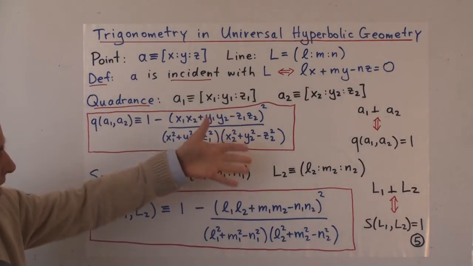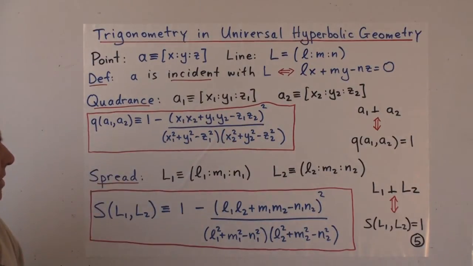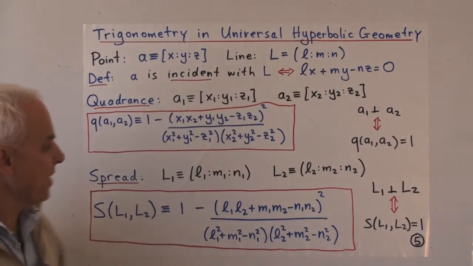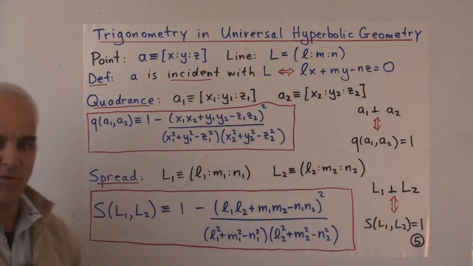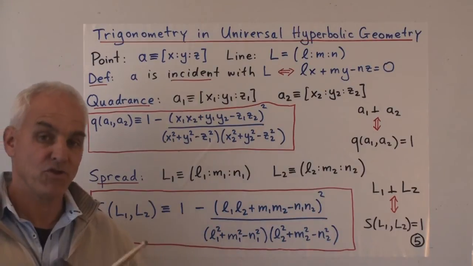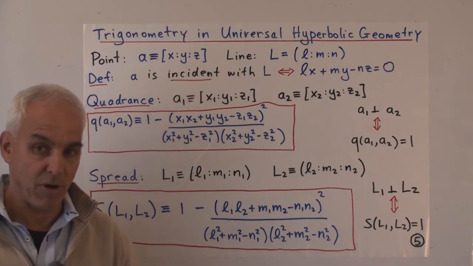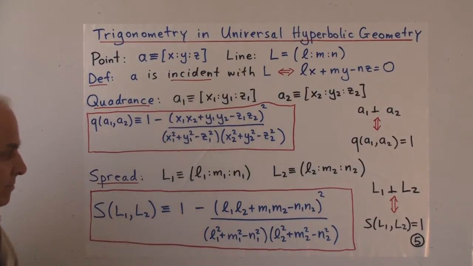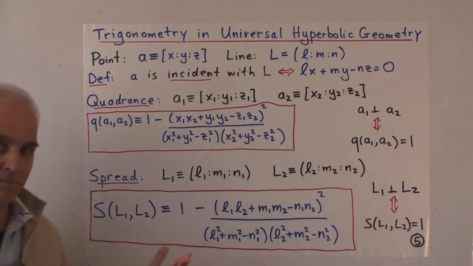So we're always going to keep the symmetry between points and lines and between quadrance and spread. It's a main feature of the trigonometry in this universal hyperbolic setting. So those are the main definitions.